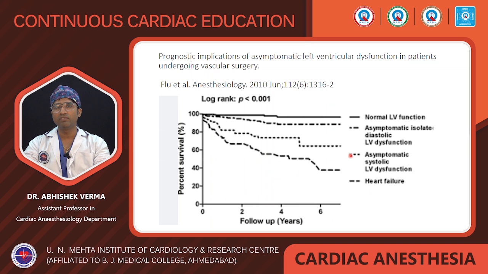So from this diagram, we can see the mortality is higher in heart failure as compared to systolic and then diastolic dysfunction. But still, diastolic dysfunction has some mortality rate, and if we diagnose early and treat, we can increase survival in the patient.